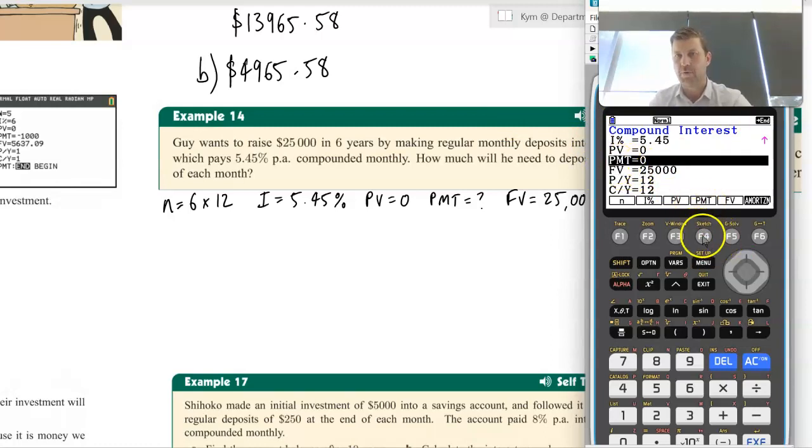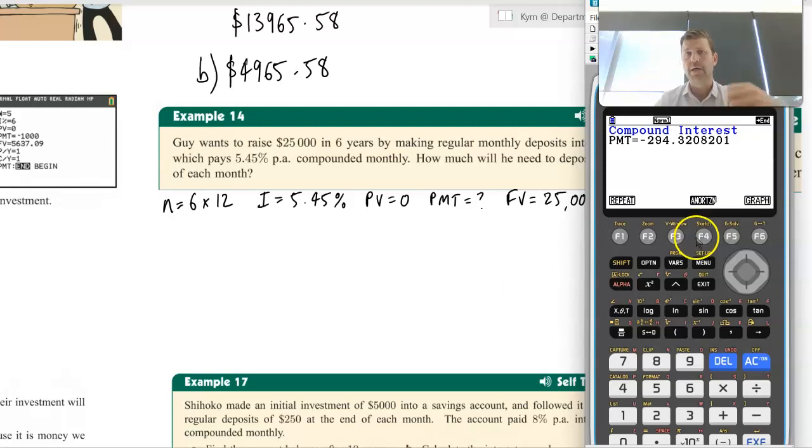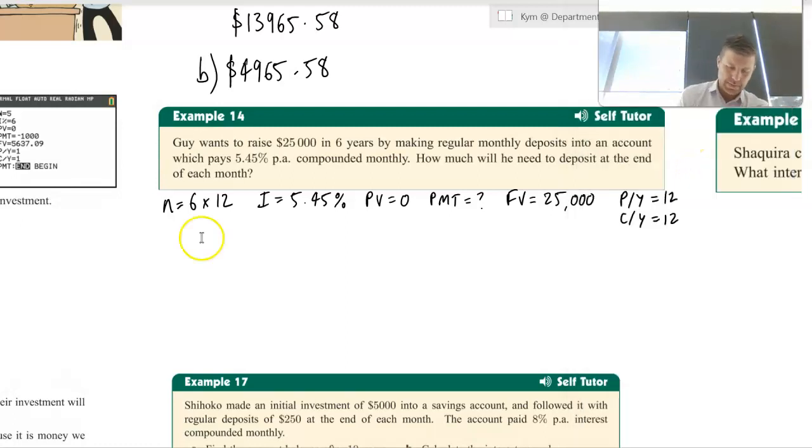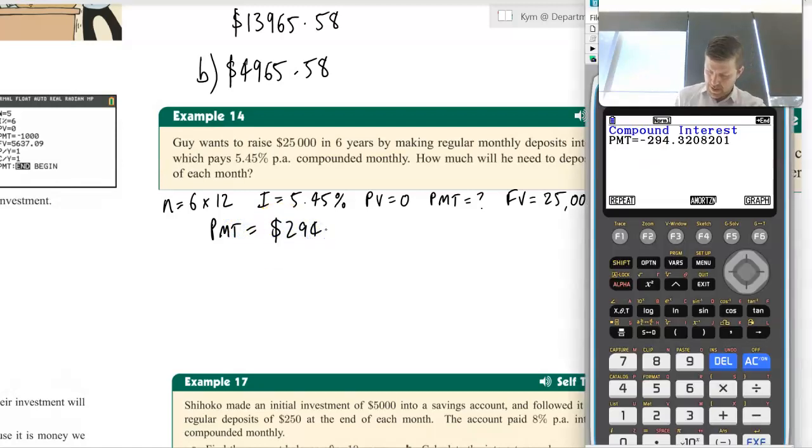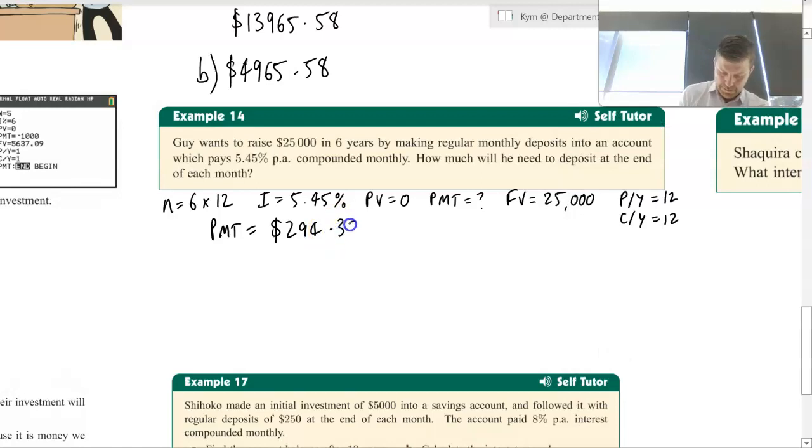So here, F4, it tells me in order to achieve $25,000 in 6 years based on that interest rate, compounded monthly, I would need to deposit $294.32 every month. Okay, so PMT equals $294.32.